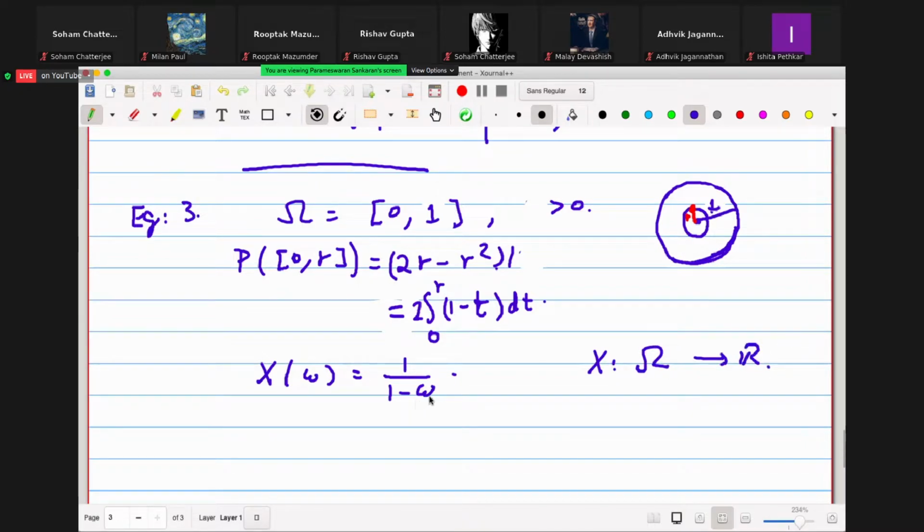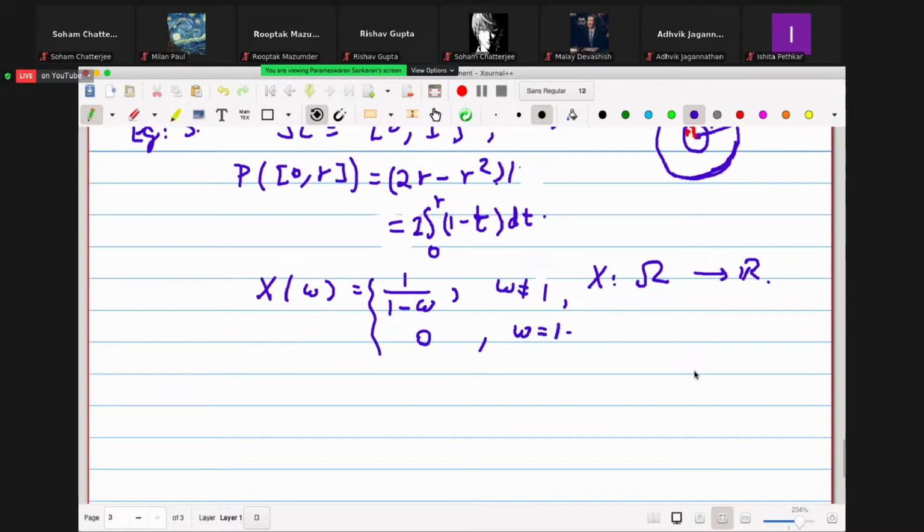At omega equals 1, this is not defined. I can just set it equal to 1 if you like, it doesn't really matter. Omega not equal to 1. And when omega equals 1, I can just set it equal to 0. It doesn't really matter. Okay, and this omega is from here to here.